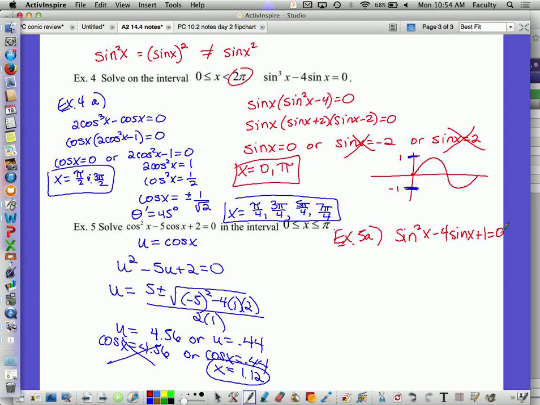I mean, at best I can get 1 plus 1 is 2. So we're going to do u substitution. I'm going to let u equal sine x. So I have u squared minus 4u plus 1 equals 0. Again, it did not factor. So do quadratic formula on it.